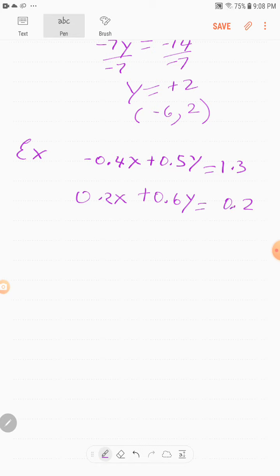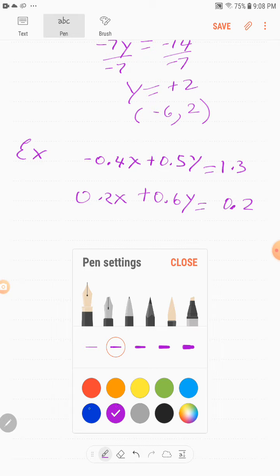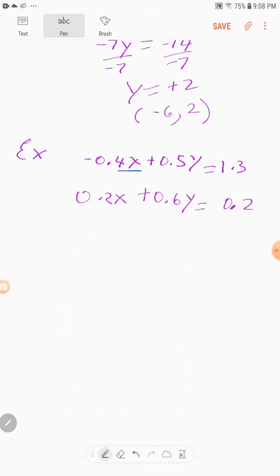So we wish to clear the decimals. So if we observe that they're all in the 10th position, so multiply by 10, that would clear the decimal for us.